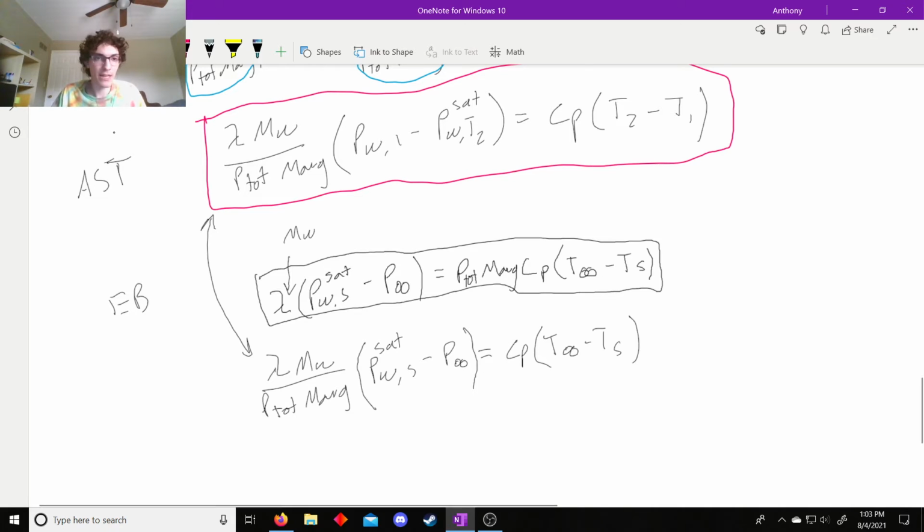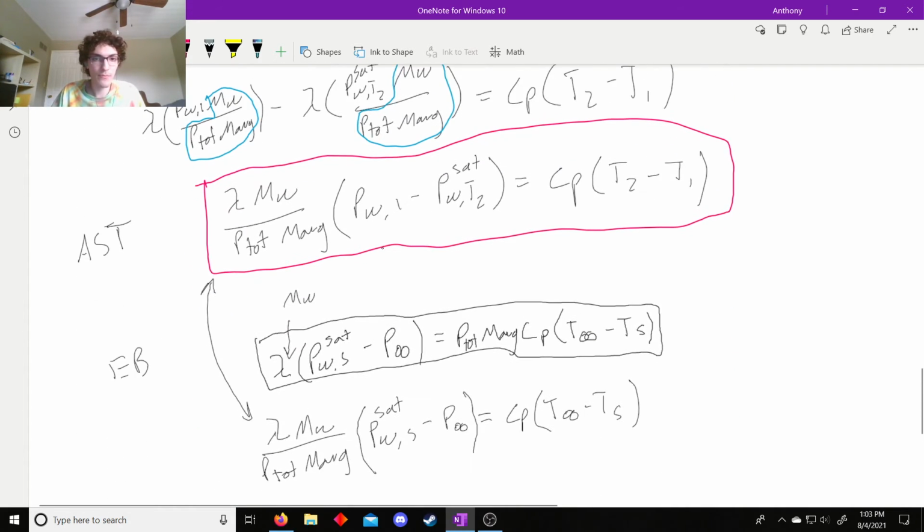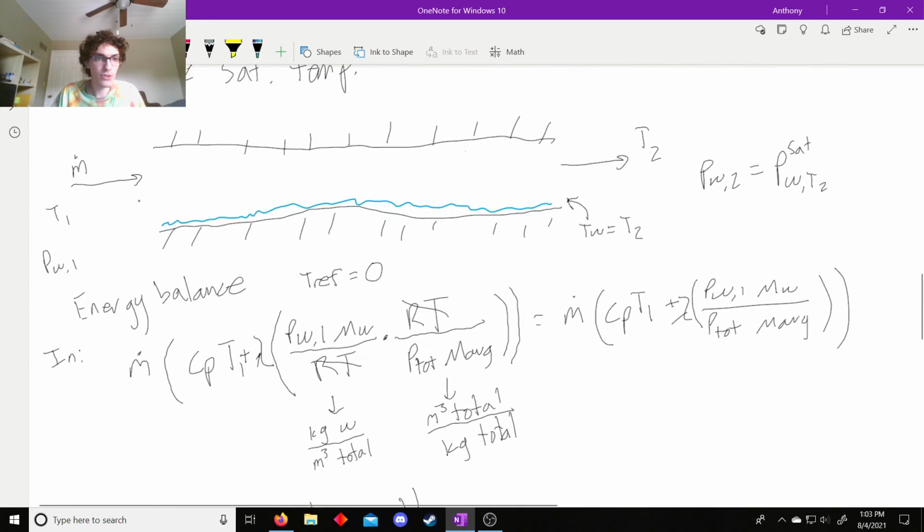compare our adiabatic saturation temperature example to our wet bulb thermometers. So this state 1 over here is going to be just the environmental air that's coming in from the environment. It's not saturated. The only water that's in it is the water from the relative humidity.